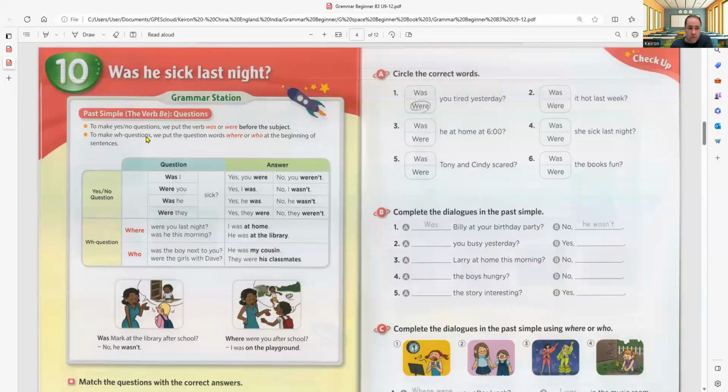To make WH questions, we put the question words where or who at the beginning of the sentences.